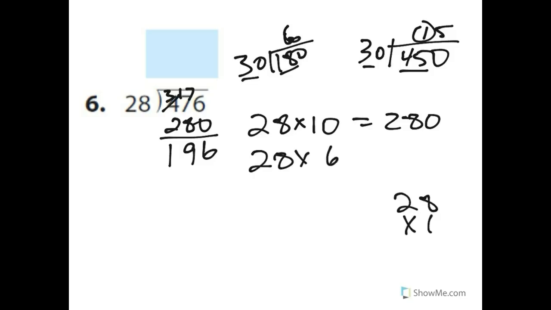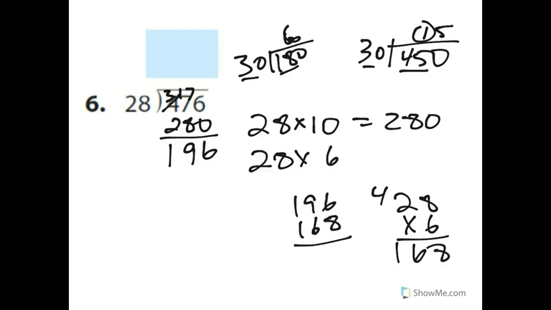We're going to have 6 times 8 is 48. 6 times 2 is 12. 12 plus 4 is 168. 168. I think that's too little. Right? I'm going to try it over here just real quick. 1996. I think I can put one more 28 in there.